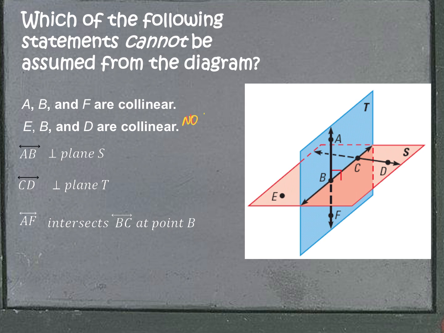Good. No line is drawn connecting the points. Okay, there is no line drawn to connect the points. I cannot assume that it's collinear. There's no line there.